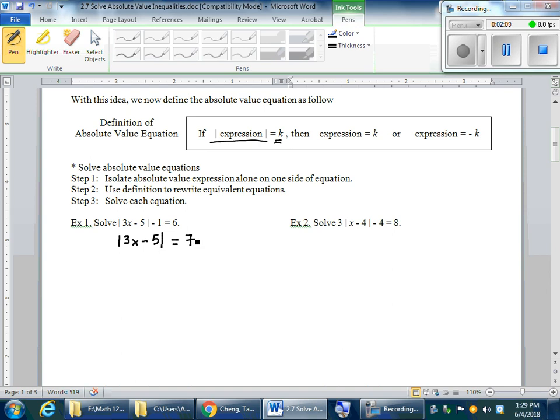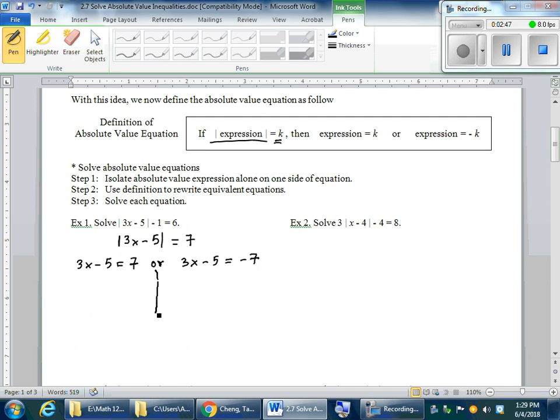Now I can apply the definitions of absolute value, which tell us 3x minus 5 is equal to 7, or 3x minus 5 is equal to -7. So it is important to write down "or" because remember "or" basically means the union, right? So it will be the answer coming out from both cases.